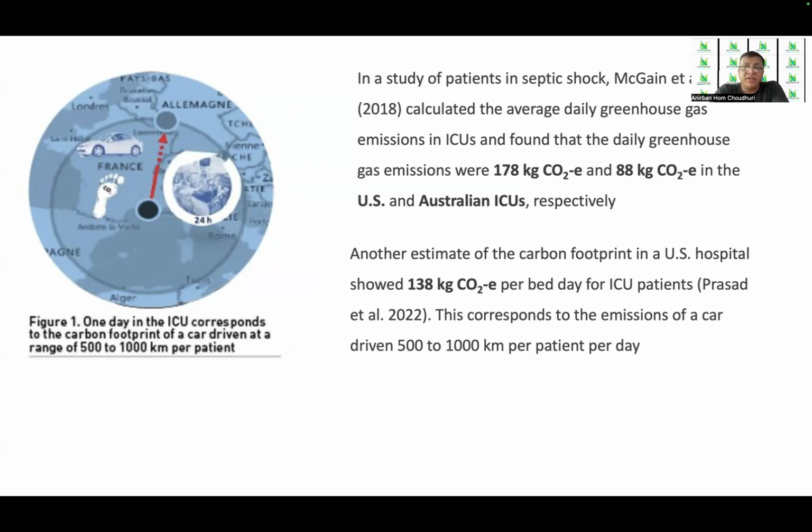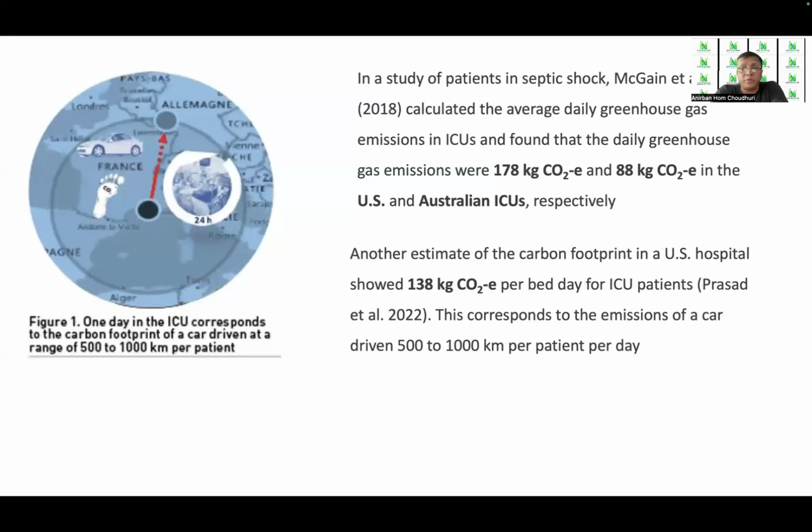But if we look into the figures, this variation must be gradually becoming greater as more and more equipment and gadgets are added to the ICUs, and there is more chance of carbon dioxide equivalent generation because of the greenhouse gases. Another estimate of carbon footprint in a US hospital, in a 2022 study, showed 138 kg of carbon dioxide equivalent per bed per day for ICU patients.